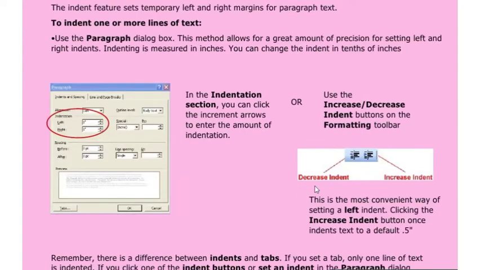Now indentation. The indent feature sets temporary left and right margins for paragraph text. To indent one or more lines of text, use the paragraph dialog box. This method allows for a great amount of precision for setting left and right indents. Indenting is measured in inches.